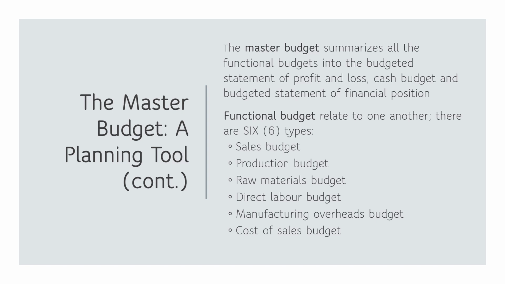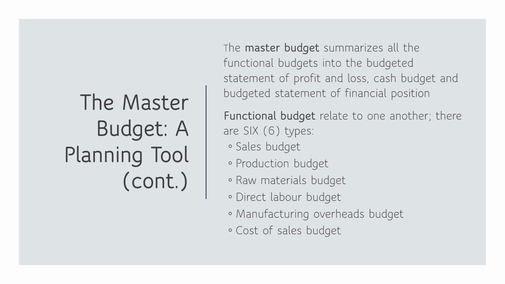And then manufacturing overhead budget. So overhead costs actually estimate all the indirect costs associated with the production, such as utilities, maintenance, and factory supplies. And then in order for you to control your cost, it helps in managing and controlling overhead expenses.